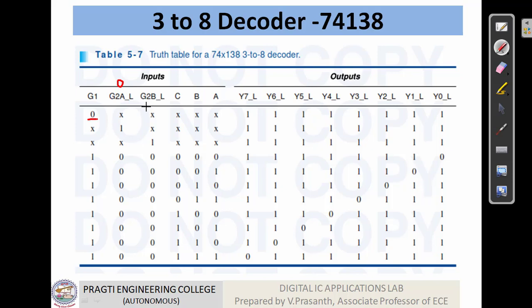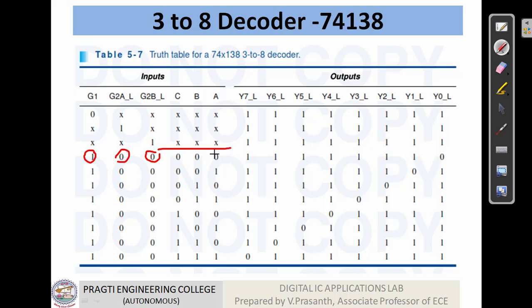The same goes for G2B_L. This is an active low signal, but we have given 1, so obviously the device will not work. It starts working when G1 is active high, 1, G2A is active low, and G2B is active low. From that point onwards it takes the inputs into consideration.